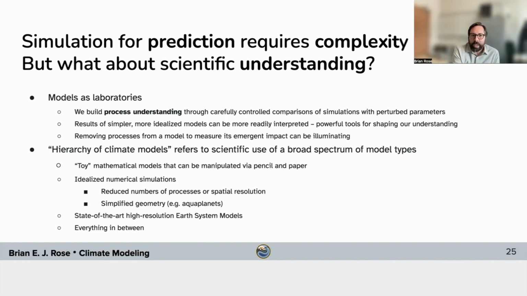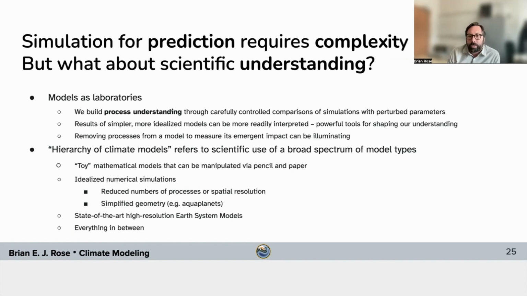And it's often the case that doing this in the context of simpler and more idealized models can be a better way to achieve some scientific understanding. There's two kind of classes of reason for that. One is just practical. Simpler models tend to be easier to run on smaller computers, and so that enables the working scientist to do more investigation.